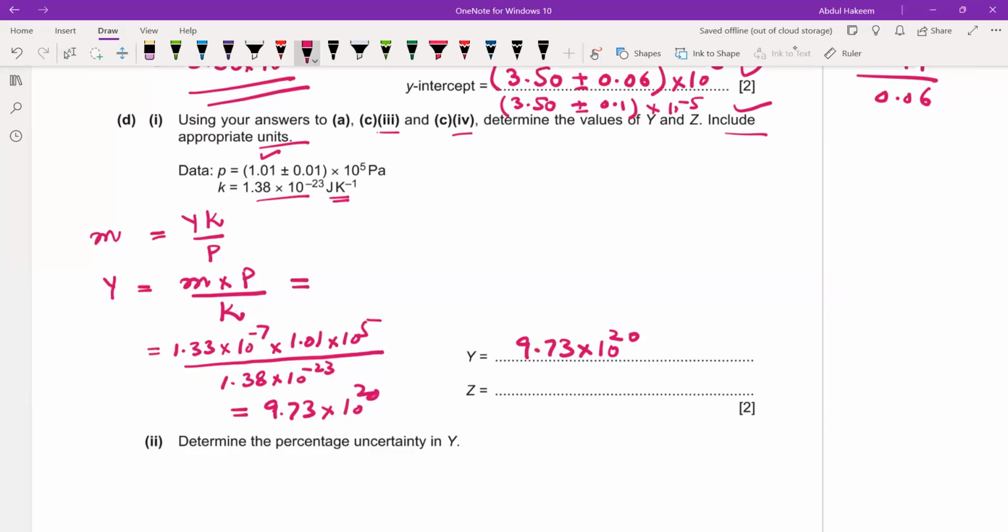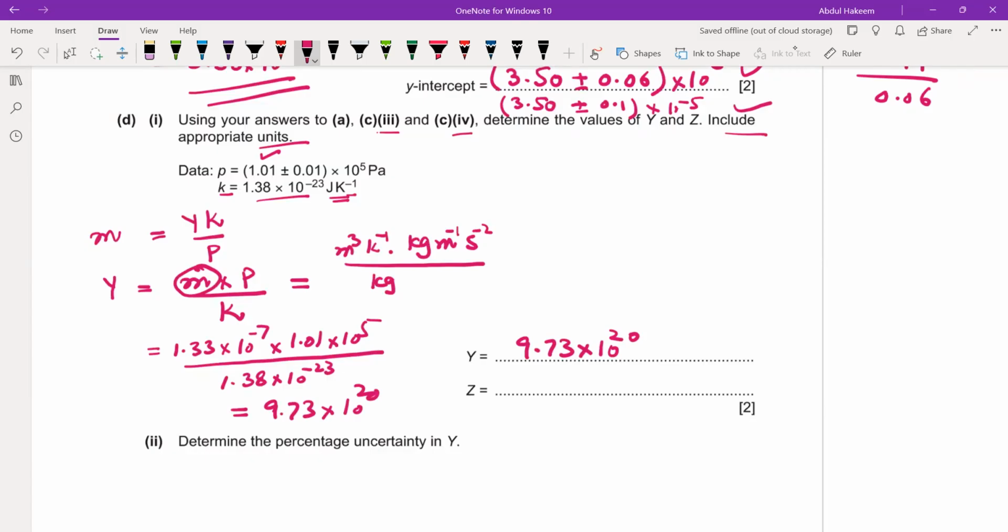For the unit, look, this K is given in Kelvin, so for the gradient unit we will use meter power 3, Kelvin power minus 1. And the pressure is in Pascal. So the Pascal is kilogram, meter power minus 1, second power minus 2, divided by joule, Kelvin power minus 1.